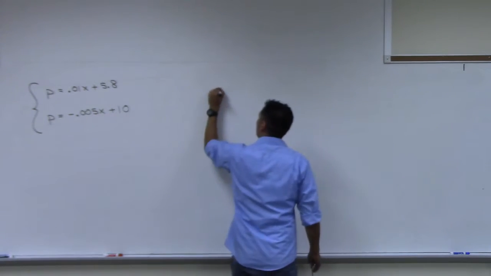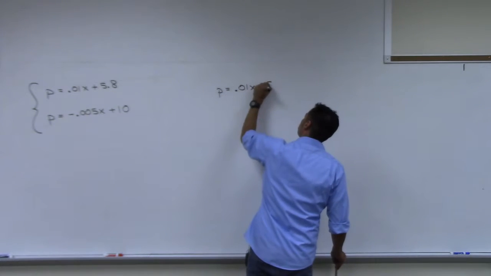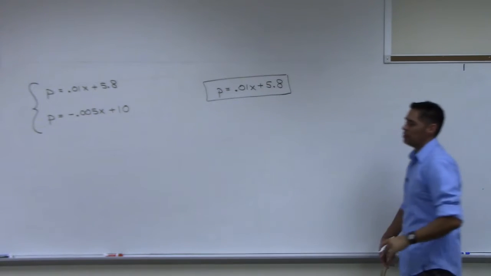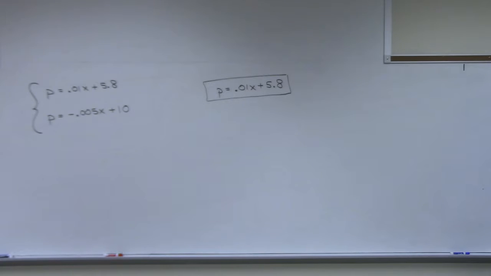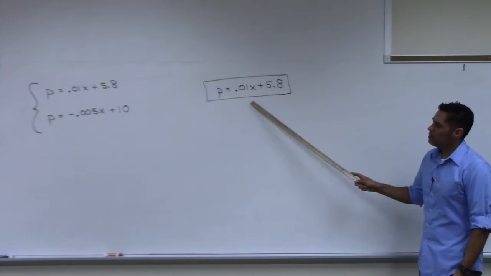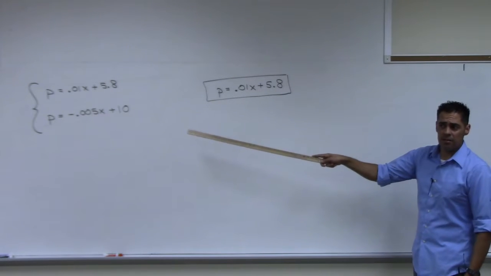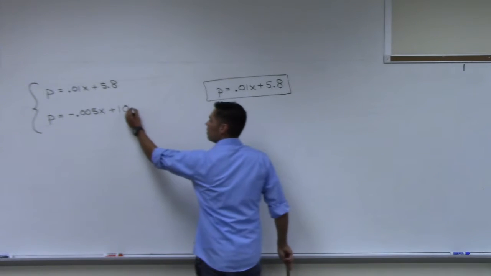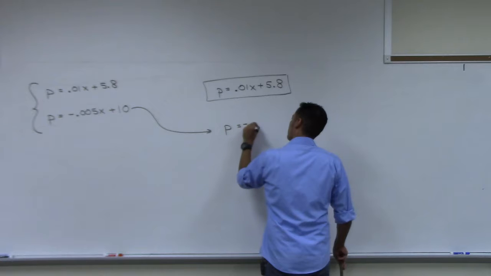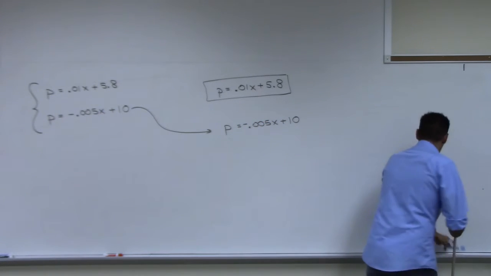My first step is I have this equation right here. I have solved one of the equations for one of the variables. Well, actually, I didn't even have to solve it. It was already done. Now, what am I supposed to do with this answer? Substitute it into the other equation that I didn't mess with, which will be this one. So I'm going to take this equation and replace what with what?